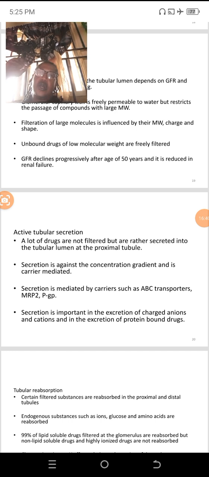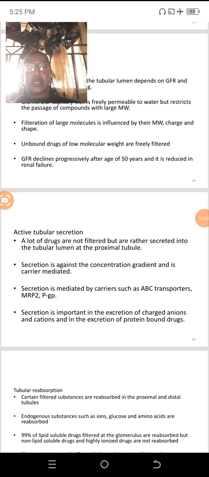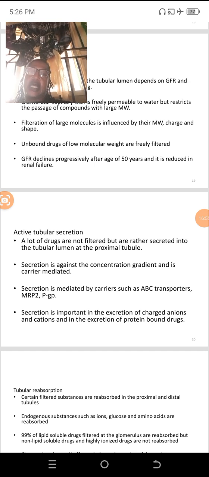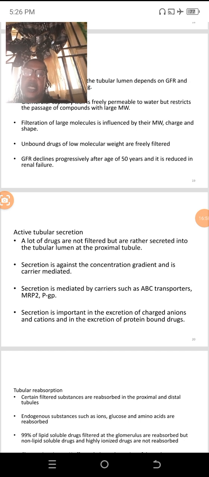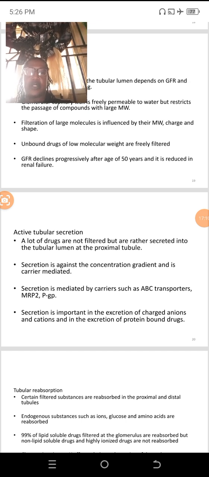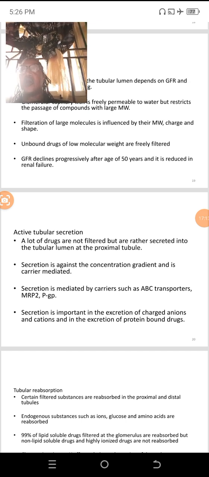The secretion of such drugs is mediated by carriers such as the ABC transporters, the multidrug resistance-associated protein type 2, and the P glycoprotein. Secretion is important in the excretion of charged anions and cations and in the excretion of protein-bound drugs.